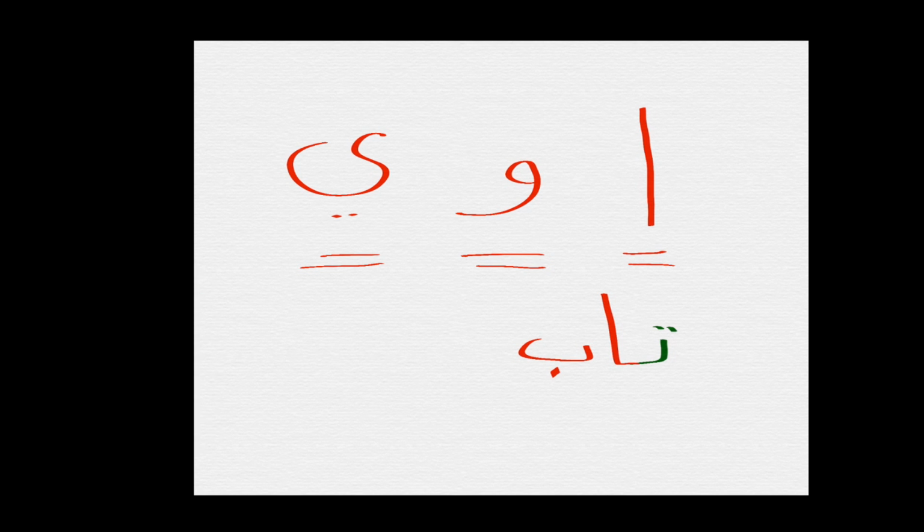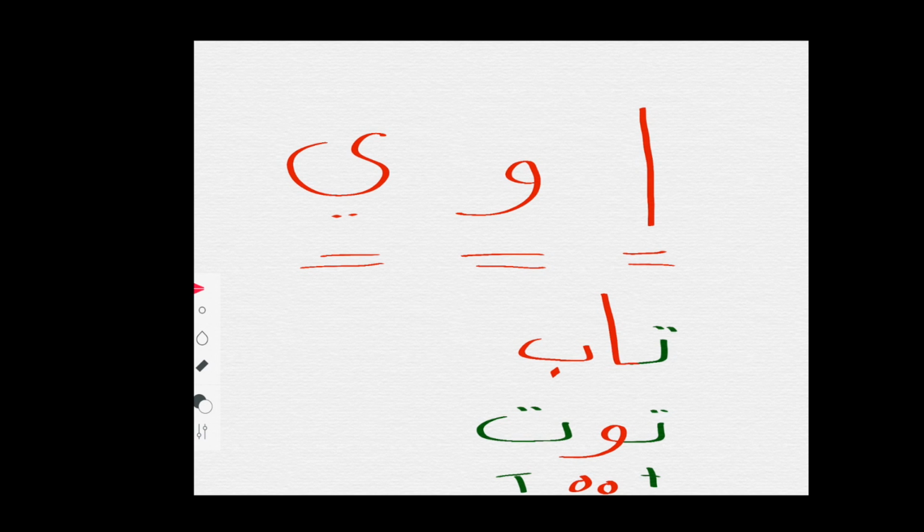And the same word, "Ta". Another example, "tu", "toot", which means blueberries in Arabic.